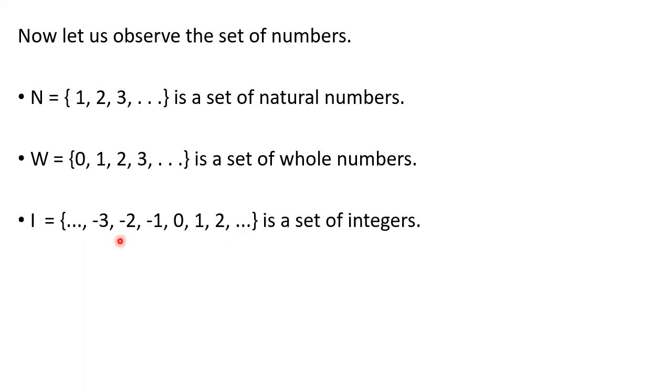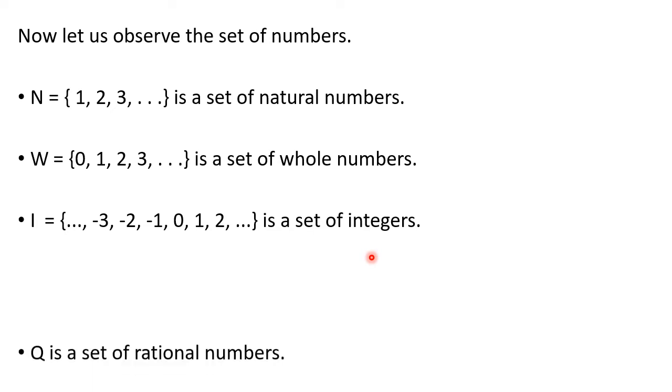So integers also are written, capital letter I is taken, and you can say that this set is infinite from both the sides. Here negative numbers will go on increasing, it is never ending. And here also positive numbers will go on increasing. So this is a set of integers.